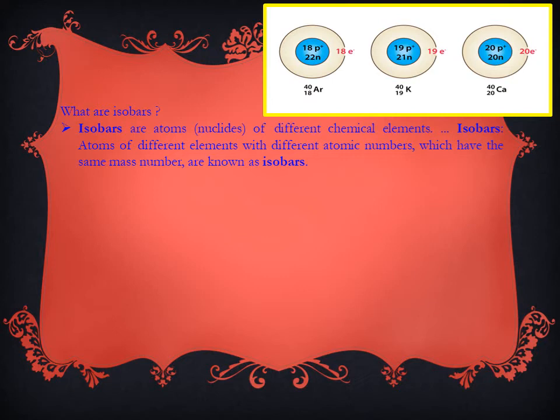They have different atomic numbers but the same mass number. So what are isobars? Isobars are atoms of different chemical elements. Atoms of different elements with different atomic numbers which have the same mass number are known as isobars.